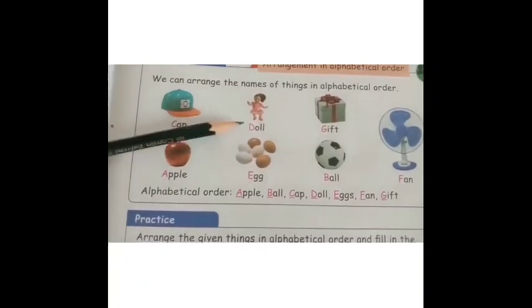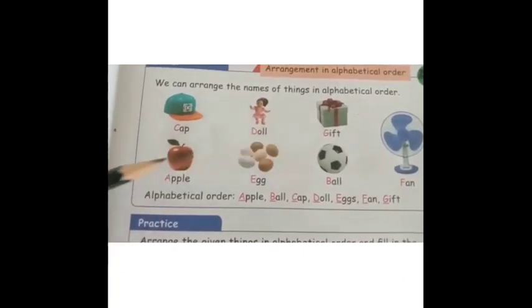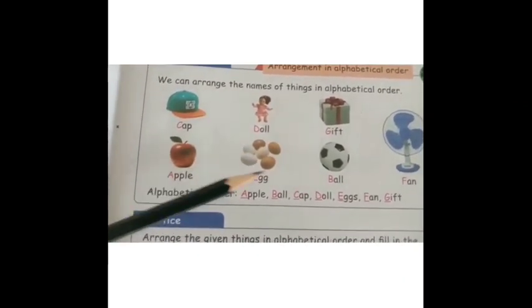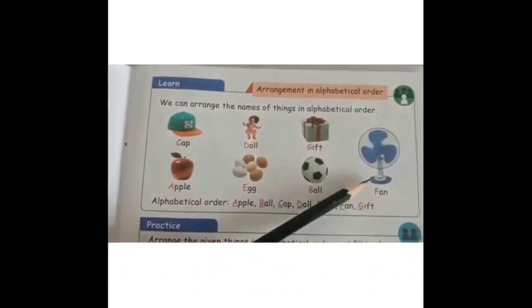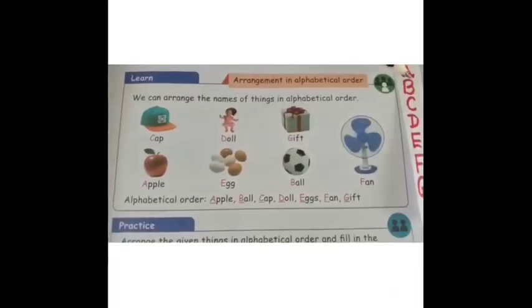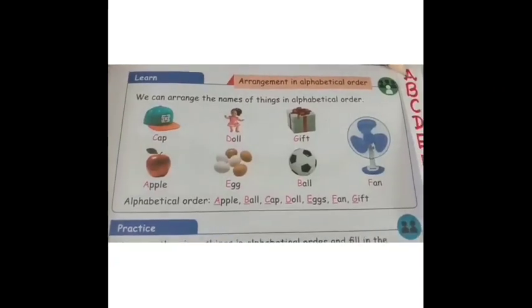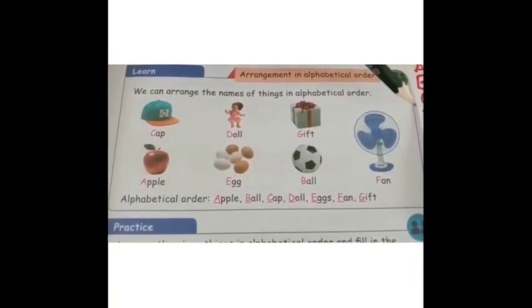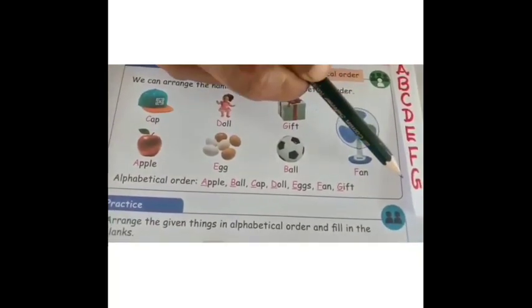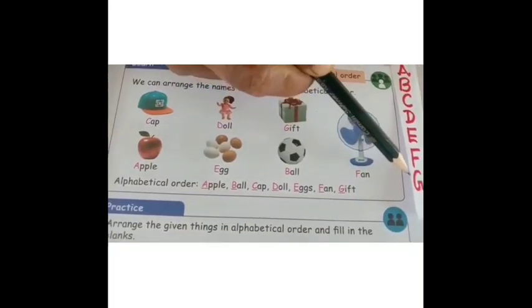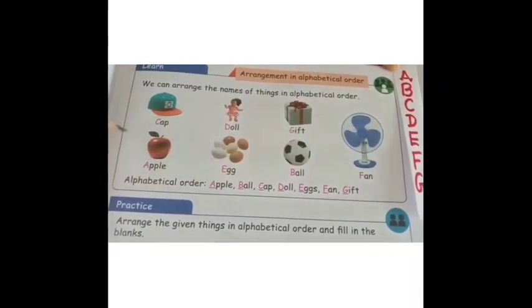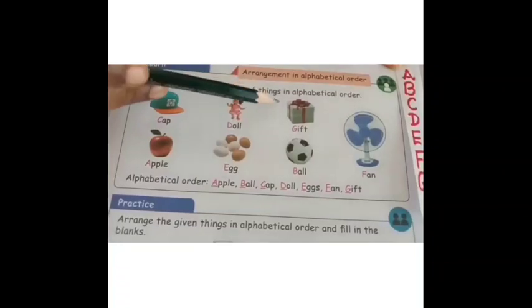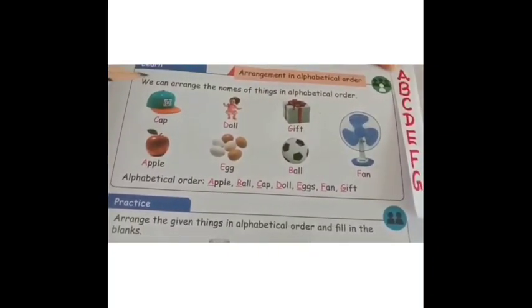Cap, doll, gift, apple, egg, ball, fan. Children, here the alphabets are from A to G. Now we are going to arrange these objects in alphabetical order.